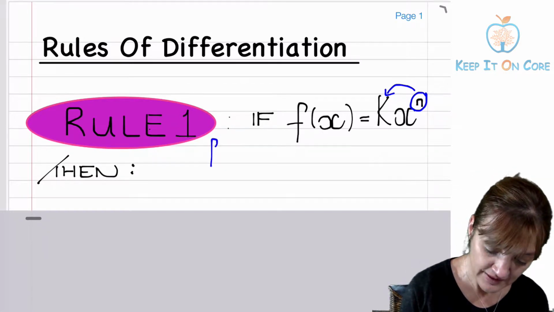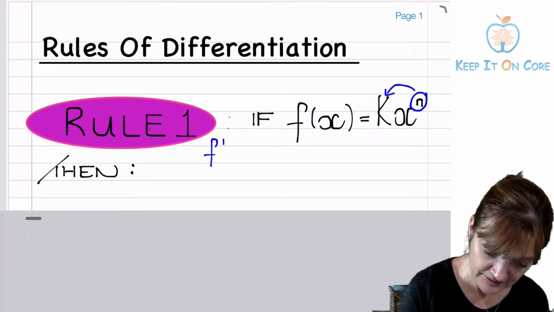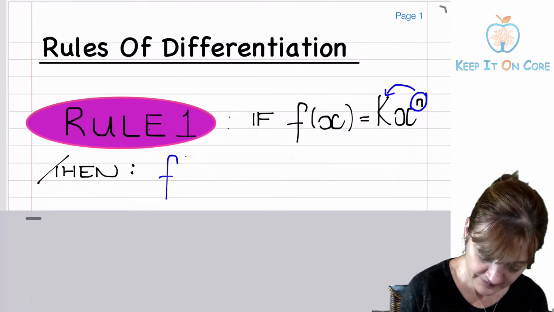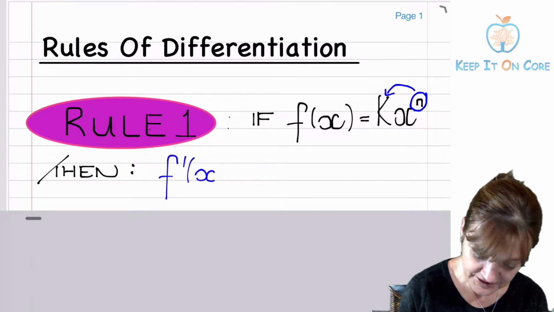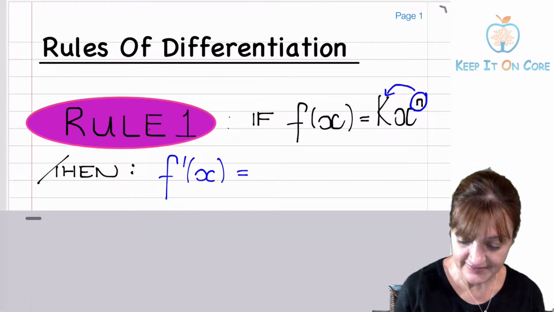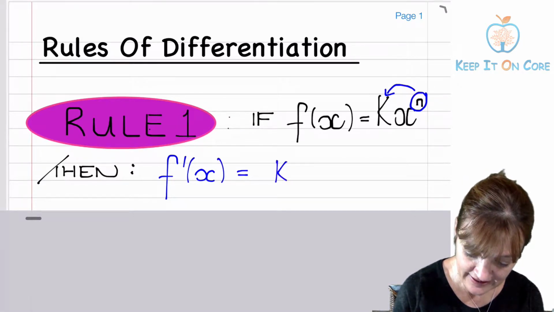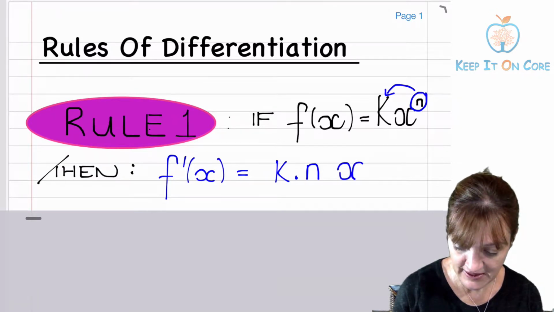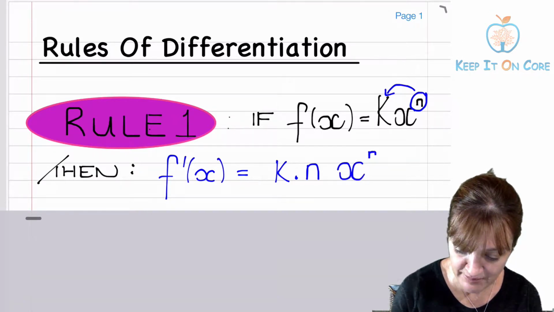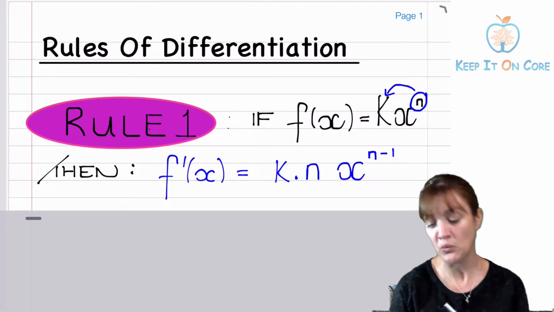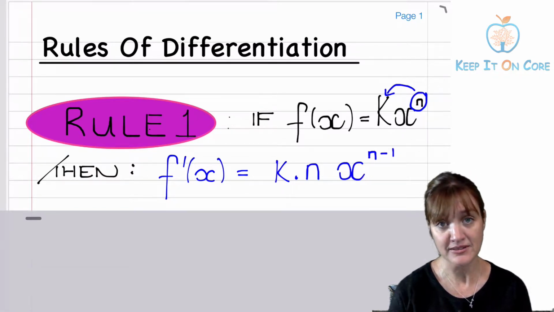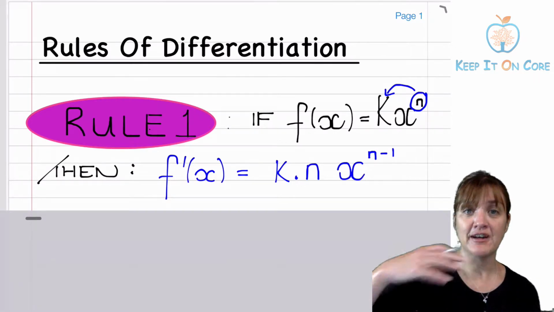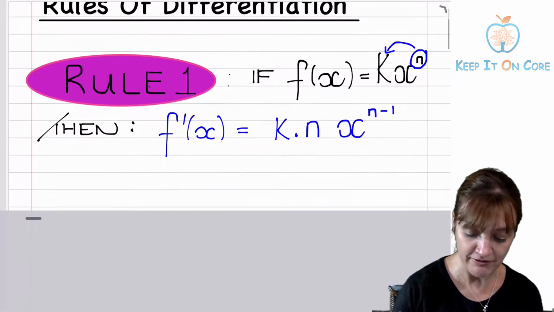To find the derivative, which is f prime x, it's equal to k times n multiplied by x, and then we always subtract 1 from the exponent. So you take the exponent, multiply it by the number in front, and subtract 1 from the exponent.